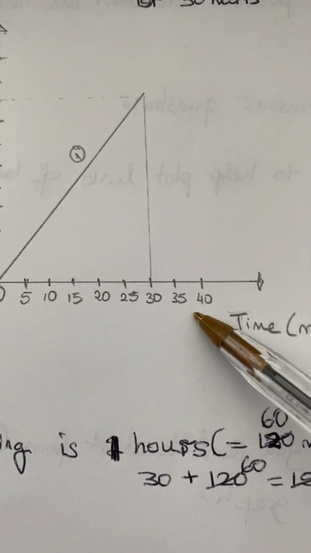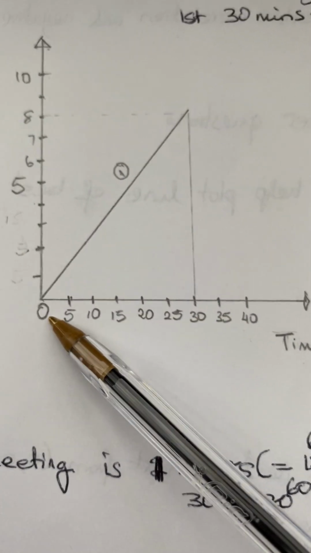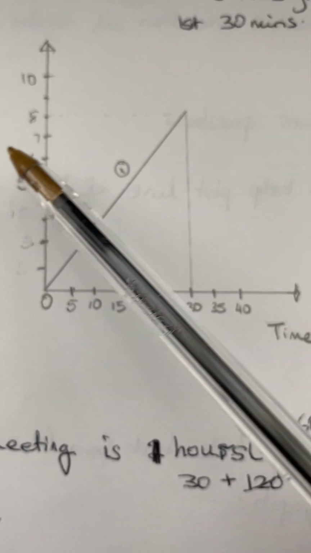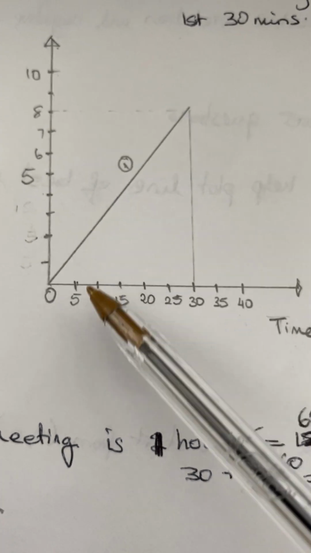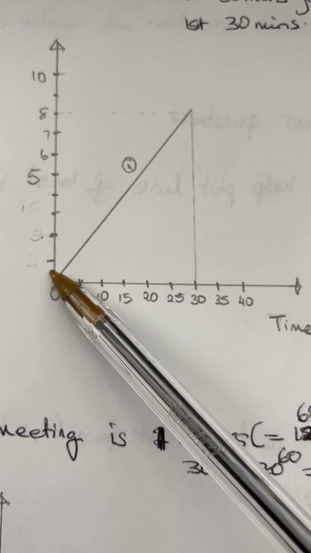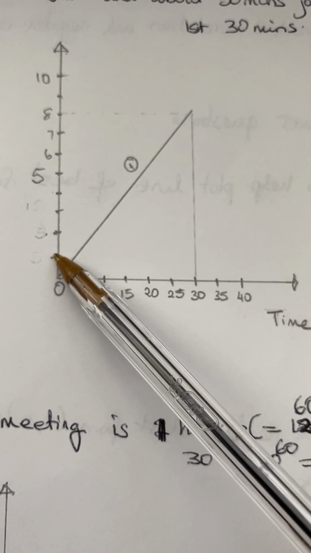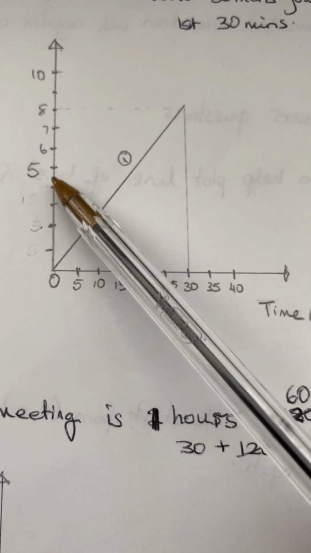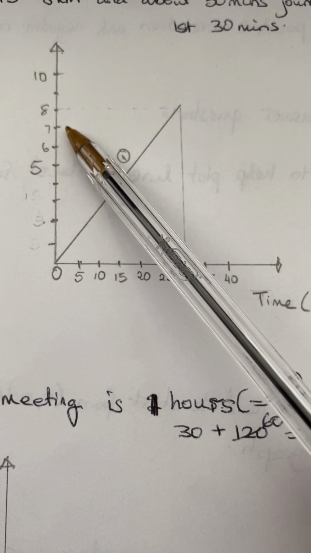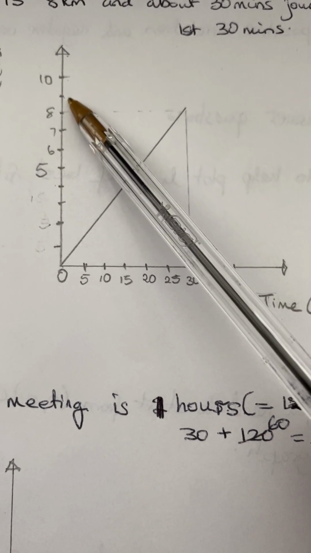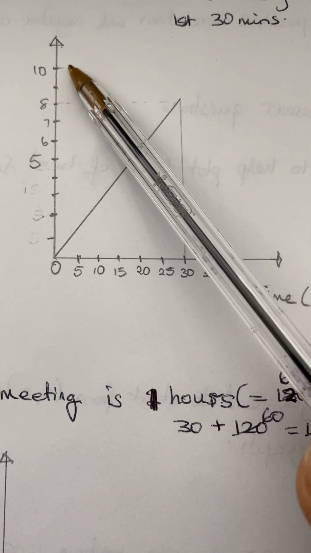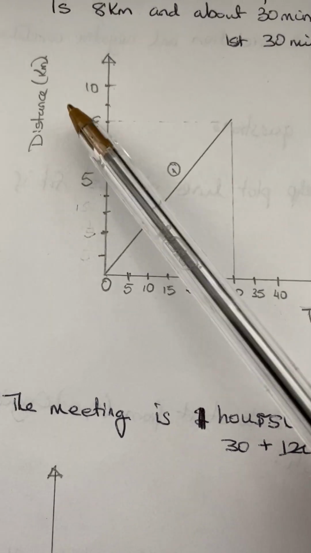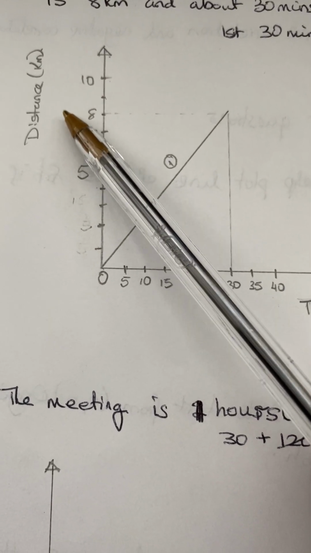Here my time is in minutes, so that is 30 minutes and that is 8 kilometers. The y-axis is not to scale, but I've done 1, 2, 3, 4, 5, 6, 7, 8, 9, 10. It's not on graph paper, it's just on plain paper.